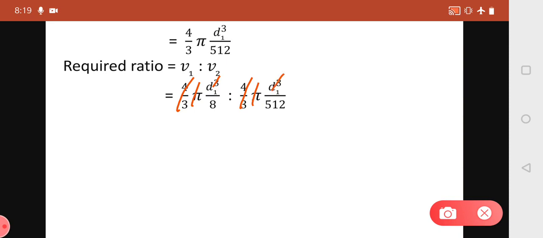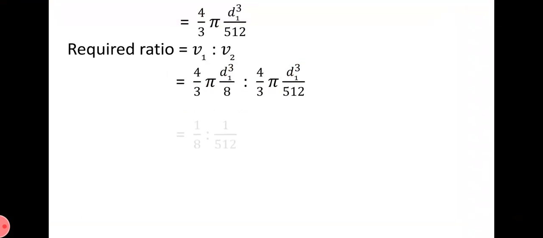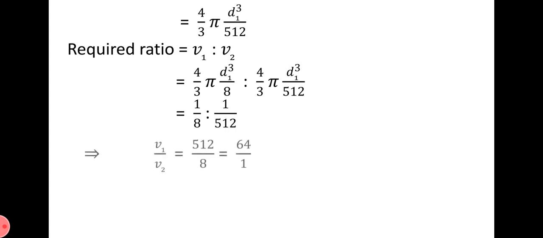So we will get 1 upon 8 is to 1 upon 512. Again we can do cross multiplication, so we will get v1 upon v2 equal to 512 upon 8. Now you can cut 512 and 8, 8 ones are 8 and 8 64s are 512. Therefore v1 upon v2 will be equal to 64 upon 1.